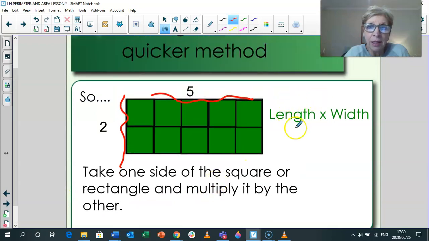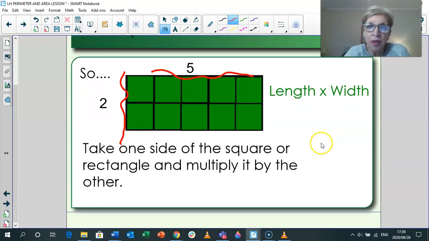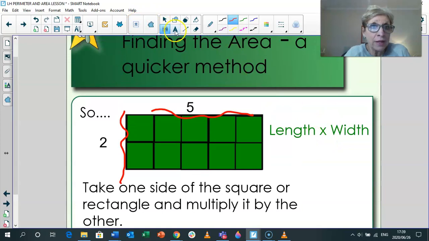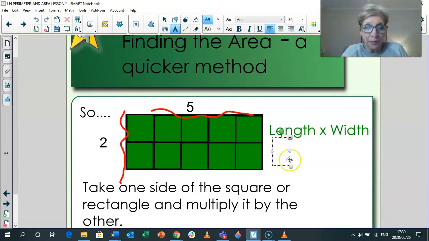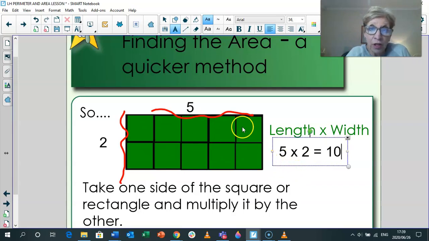Length times width, and what do we get, grade 3s? We go 5 times 2 equals 10, and that's right, is it not? You have 10 squares. So this rectangle covers an area of 10 squares.